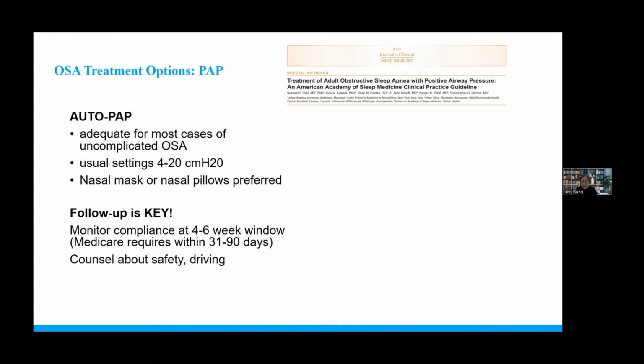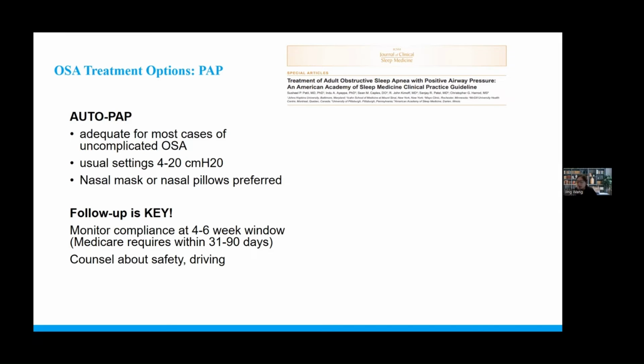The usual setting when we order auto PAP, I usually do 4 to 20, which is the entire range. You can certainly narrow it depending on the clinical situation and the patient. And then when we're initiating auto PAP, we do prefer to have the patient use nasal or nasal pillows. I'll go into this in more detail in a subsequent slide.